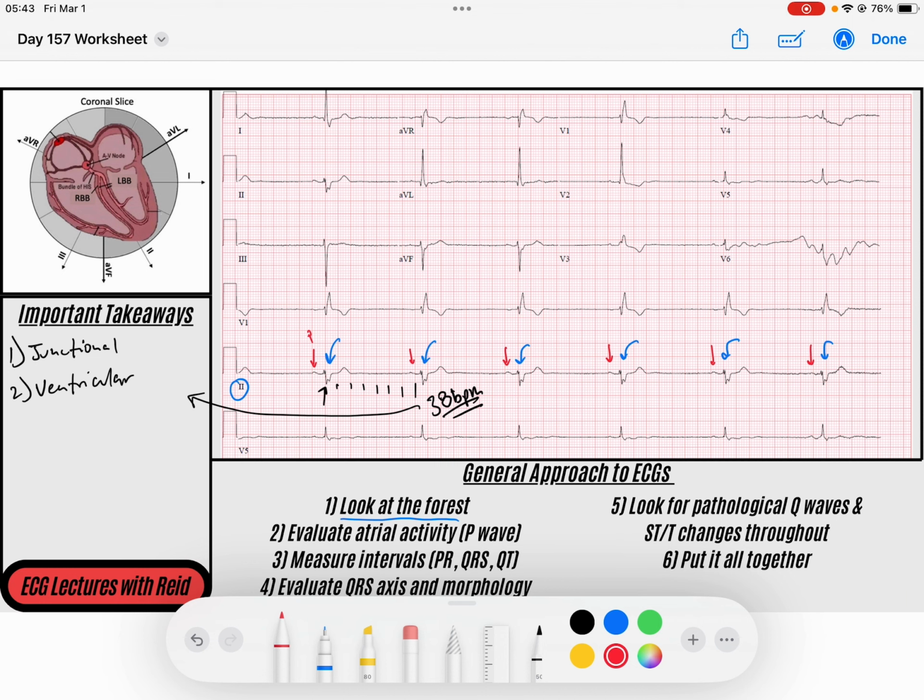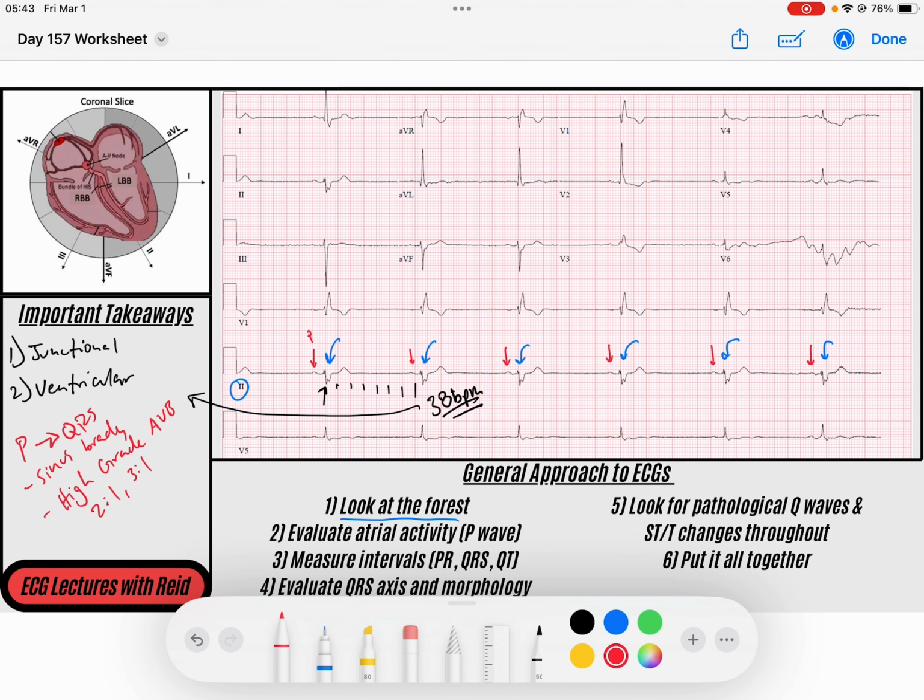So if I have P waves in front of my QRS, maybe I'm thinking either a sinus bradycardia, or maybe I'm thinking like a high grade AV block, right? Like a 2-to-1 or a 3-to-1, right? 3 P waves for 1 QRS. So we gotta kind of figure that out.